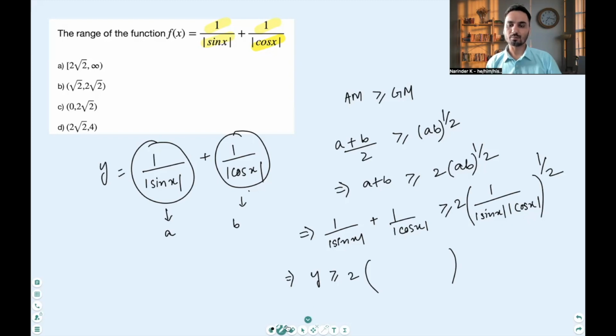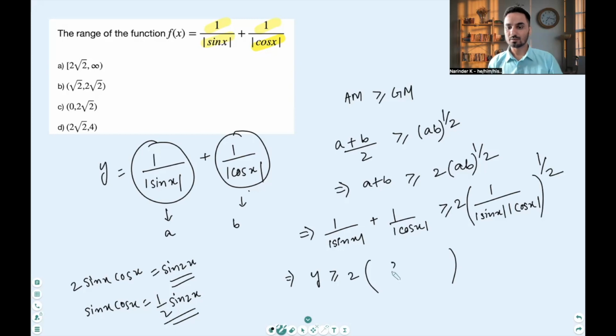And here I can bring in some of the trigonometric identities, that 2 sine x cos x is sine 2x. That being said, we can write sine x cos x as half sine 2x.